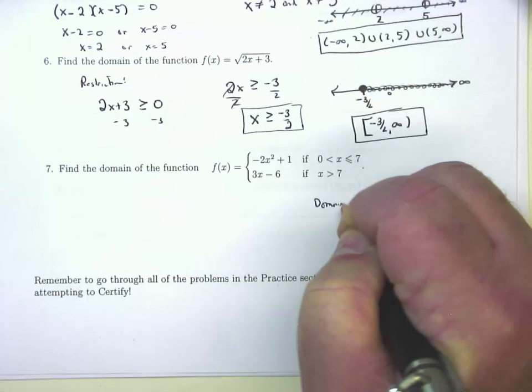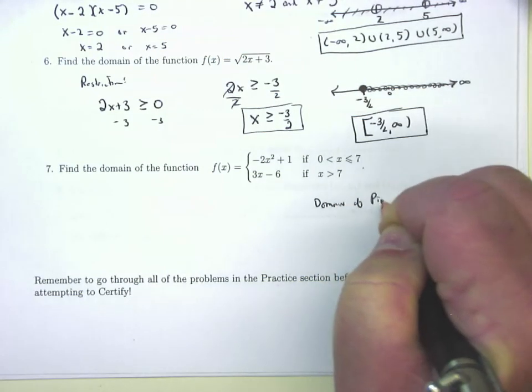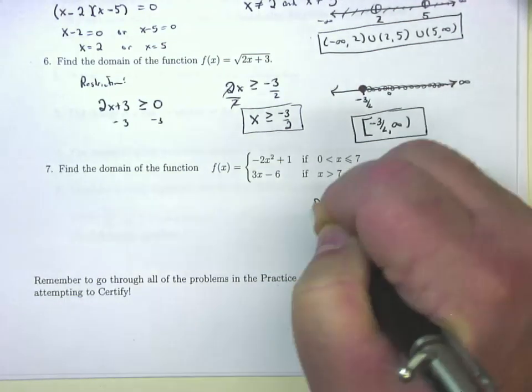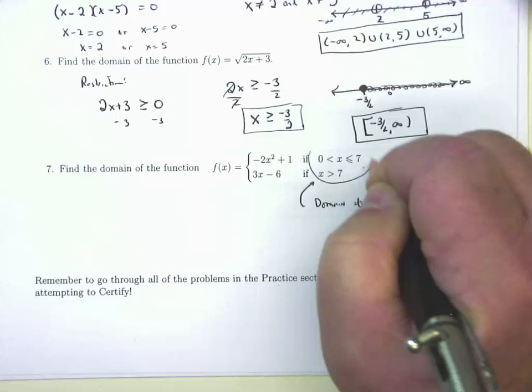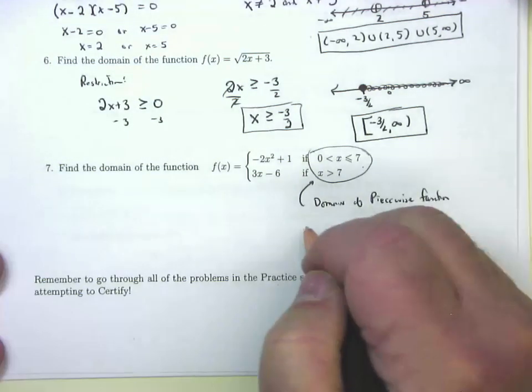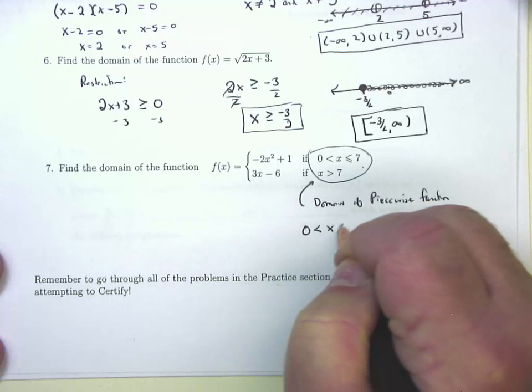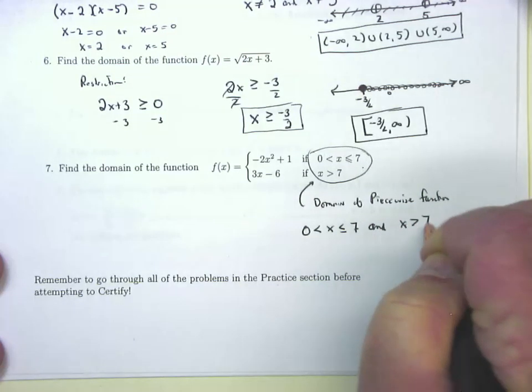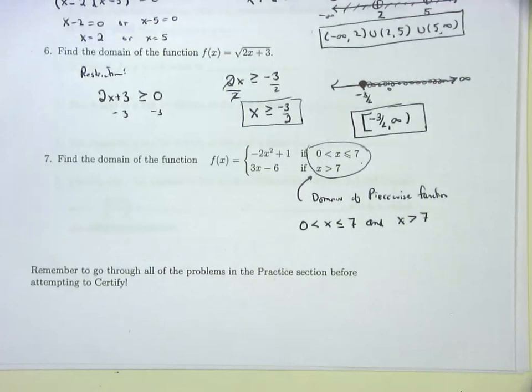The domain of a piecewise function is this stuff right here. The two pieces that tell you what you're going to plug in. And so what we're talking about here in terms of domain is 0 is less than x, which is less than or equal to 7, and x is greater than 7. That's my domain.